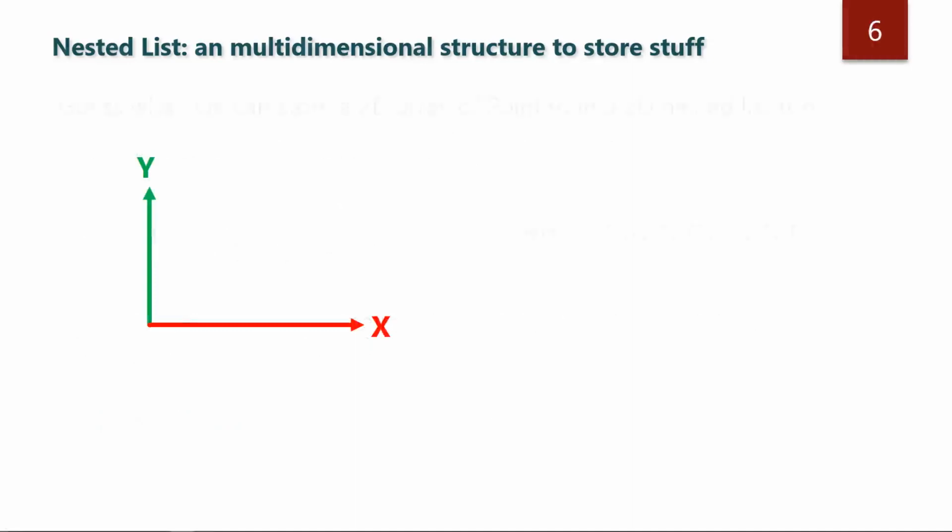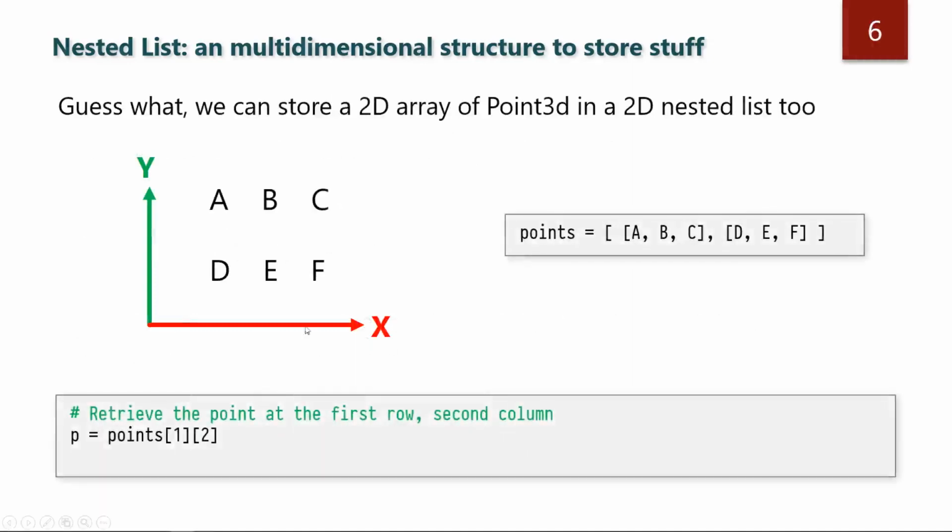Let's do a list of points. Say you have a list of Point3D objects, and the Point3D objects are stored in variables A, B, C, D, E, and F. This is the graphic visualization, but in programming we have to store it somehow. Rather than having 6 variables A, B, C, D, E, and F lying around unstructured inside our Python script, we can put them in a nested list like this.